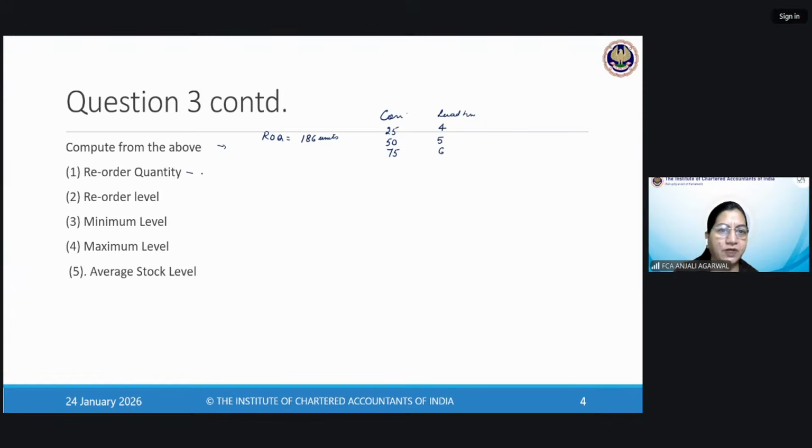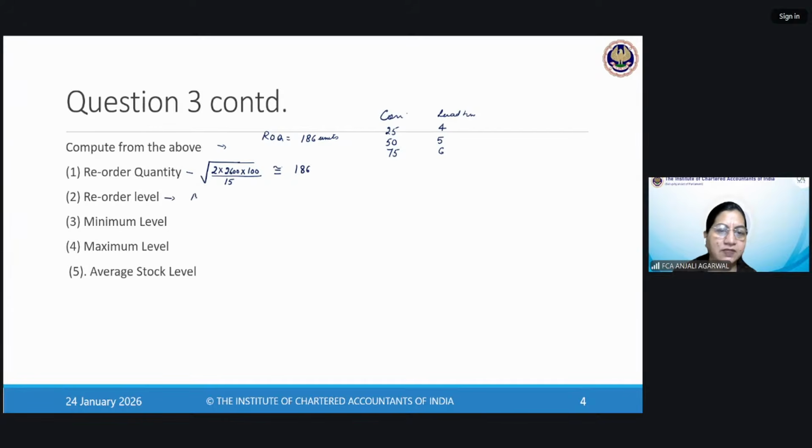What is the reorder quantity? So we have calculated this: 2 into 2600 into cost of placing an order was 100 and cost of storing 1 unit for 1 year was 15. So reorder quantity is the economic order quantity, which is 186 approximately.